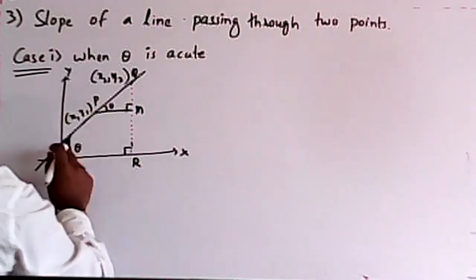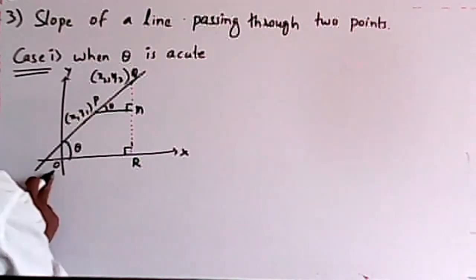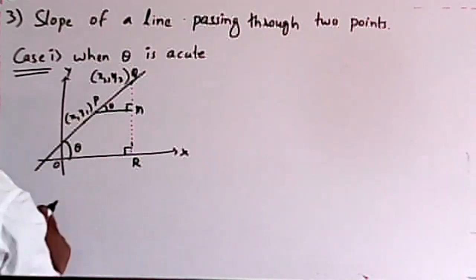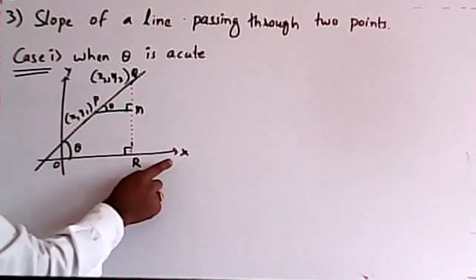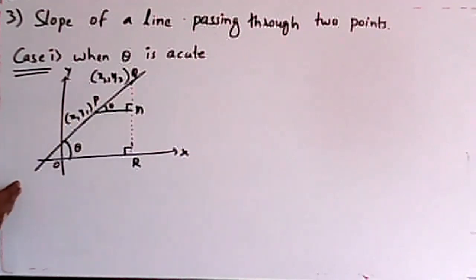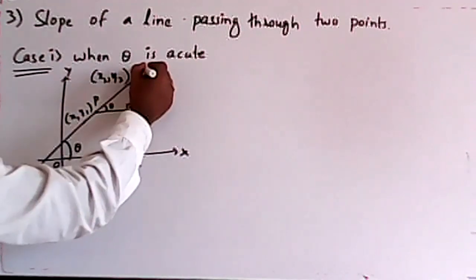Suppose it is angle theta and this is also angle theta, both are corresponding. Angle O and this angle P are corresponding angles, they are equal. The reason, your PM and your OX are parallel and your line L is a transversal.